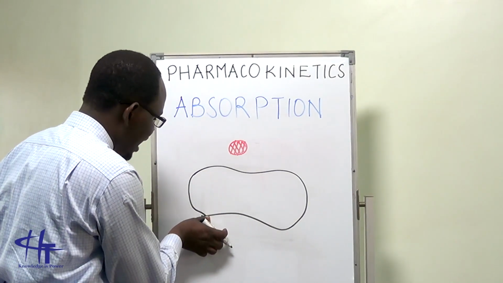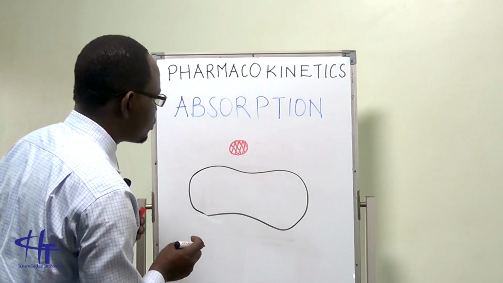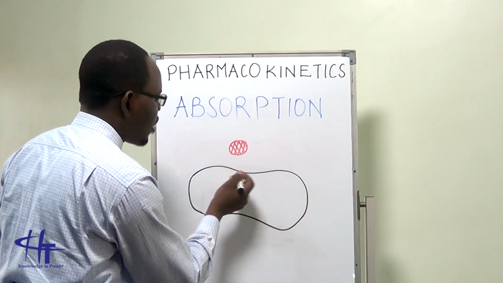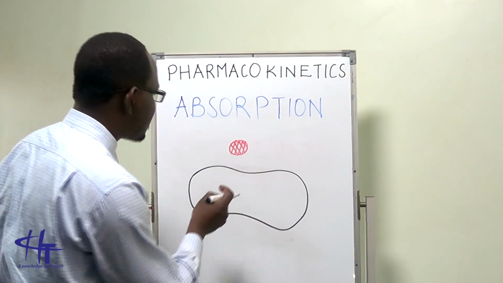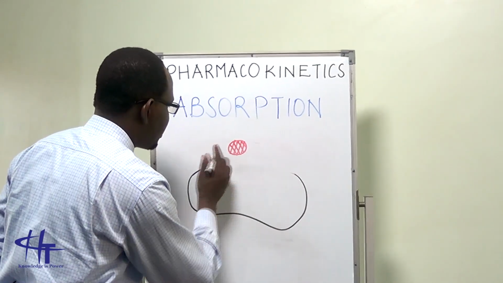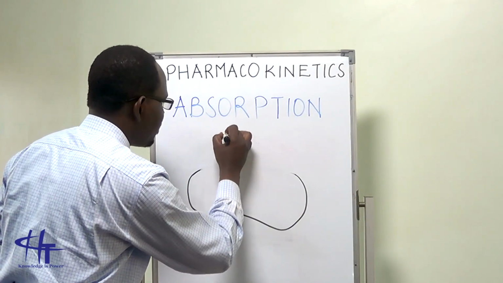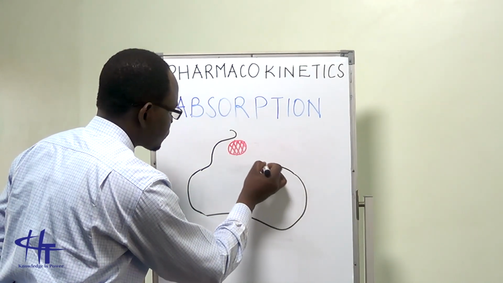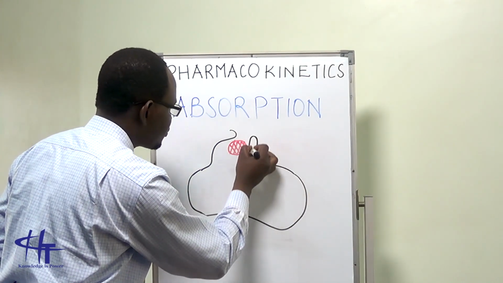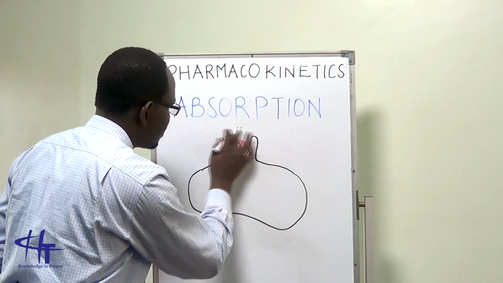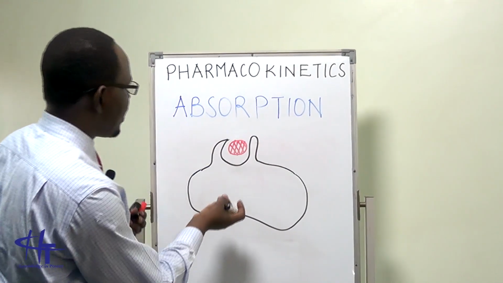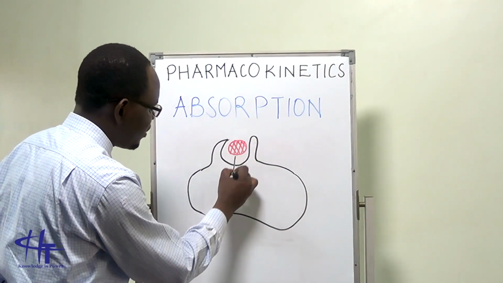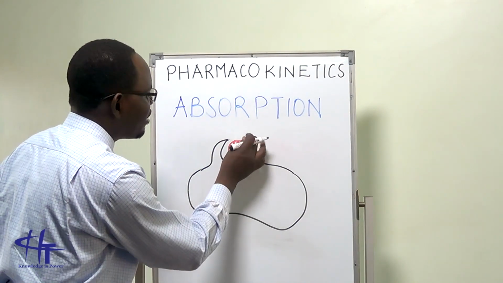So what this cell does, as far as pinocytosis is concerned, is that it invaginates, it basically transforms itself to bring the cell membrane, maybe I should first draw something like that. So it transforms to bring this drug inside by invaginating.